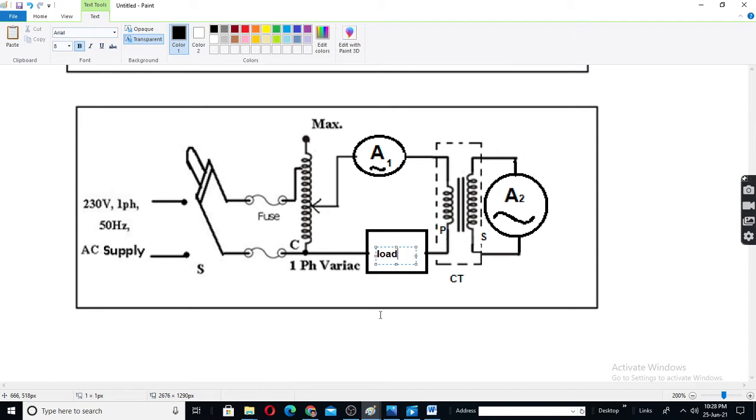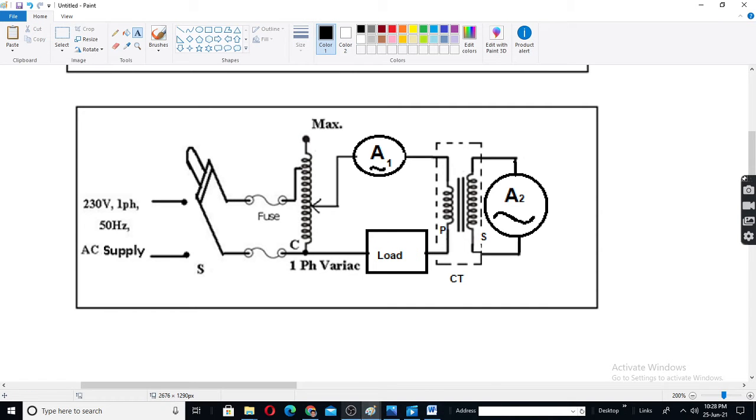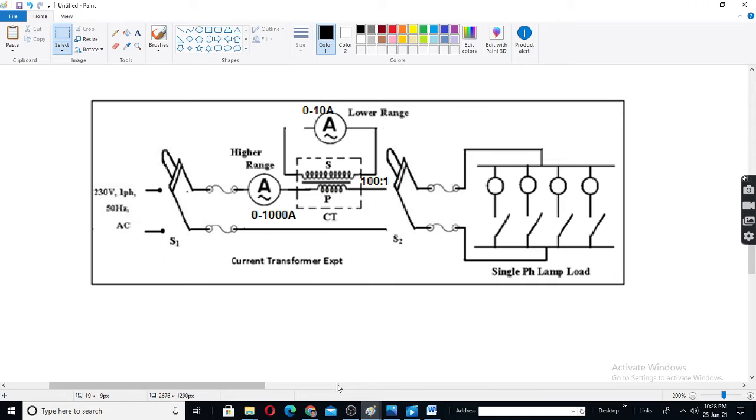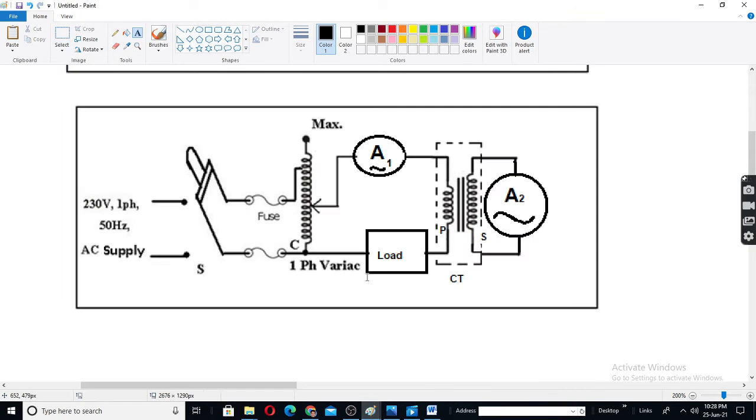This figure and this figure, both are the same. Load is shown here fully. Here load is not shown, just shown as a block.